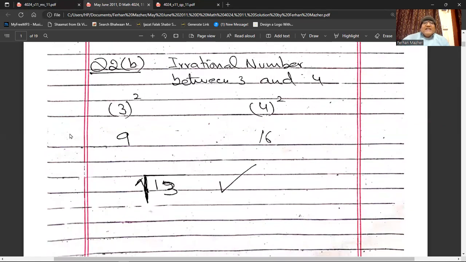Between 9 and 16, take any prime number and write its square root. For example, you have prime number 11, you have 13. You can take their square root. For example, I wrote here square root of 13. It's an irrational number, and its value will be between 3 and 4. So let's check.